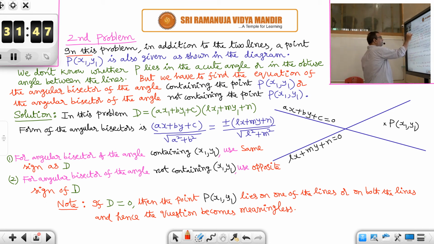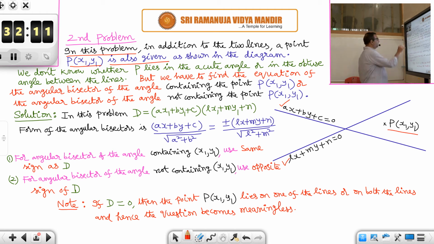In this problem, in addition to the two lines, see the diagram, the equations ax plus by plus c is equal to 0 and lx plus my plus n equal to 0 are given as two intersecting lines. In addition to these lines, a point P x1 comma y1 is also given, as shown in the diagram.